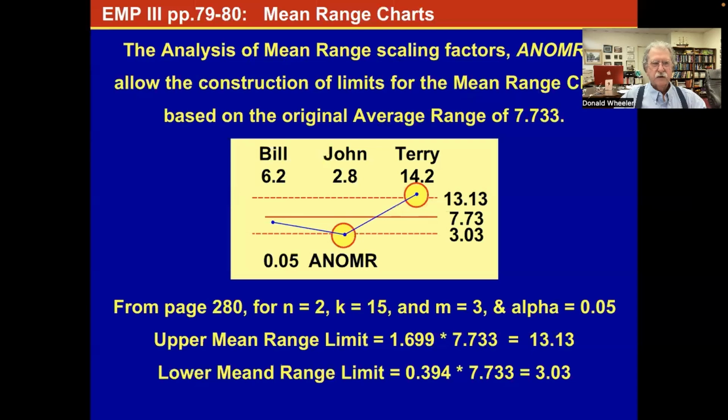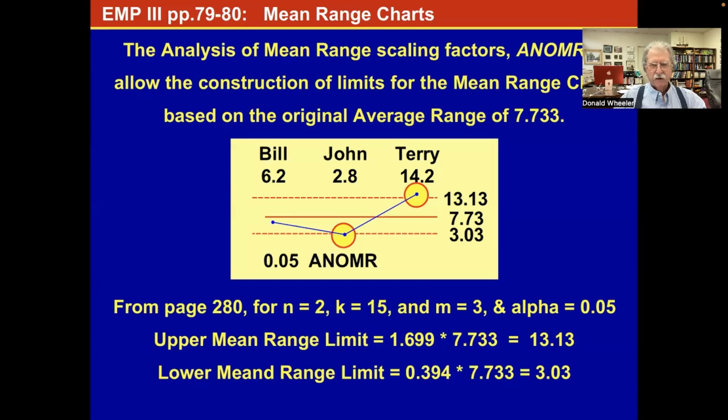So we plot the three average ranges, and from page 280, for the original study with subgroup size of 2 and 15 subgroups, and to compare three average ranges, m equal to 3, with alpha of 0.05, the upper mean range limit is 1.699 times the average range, 13.13.